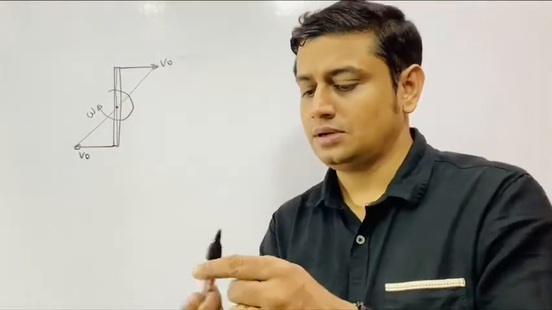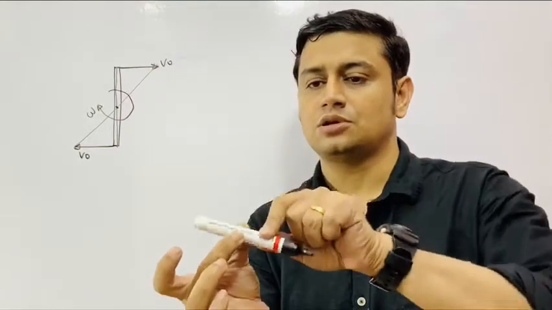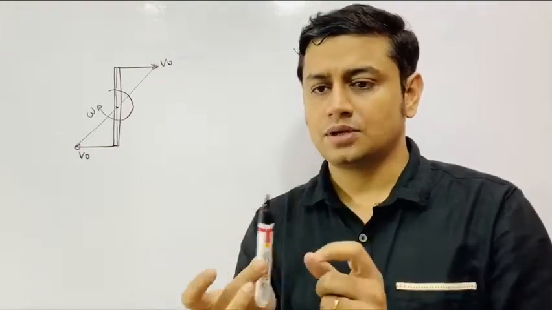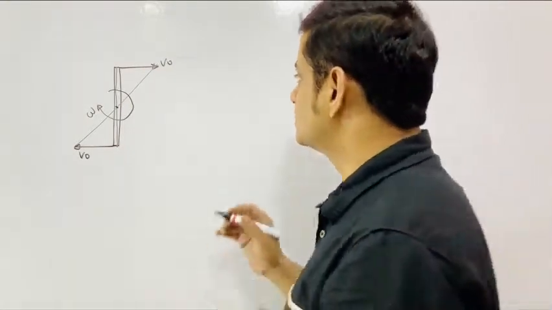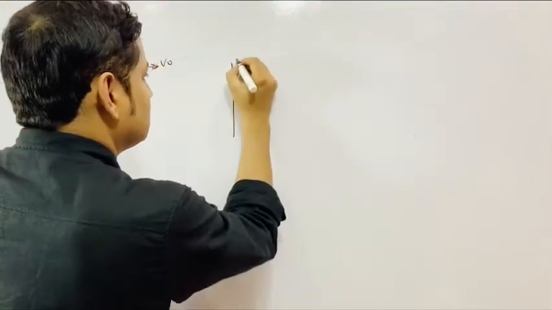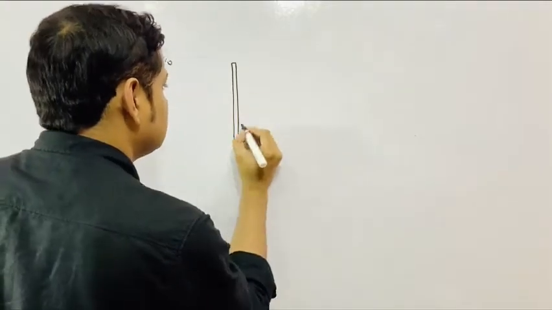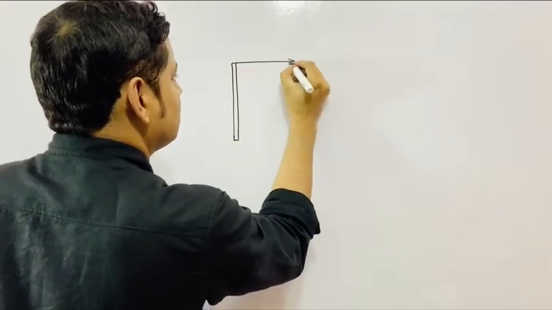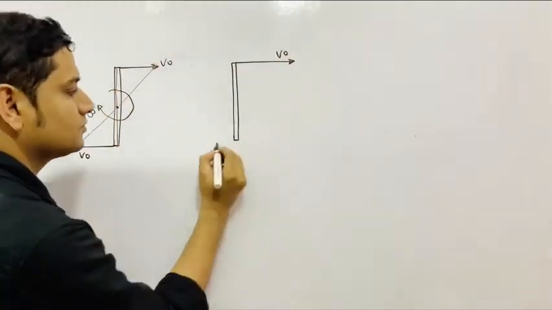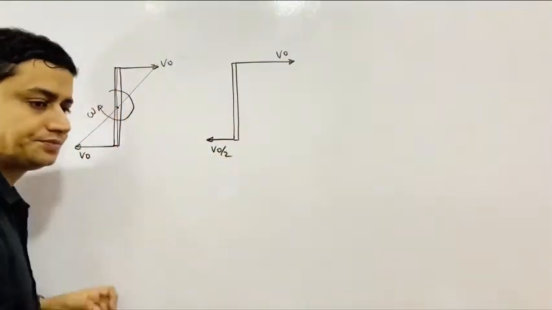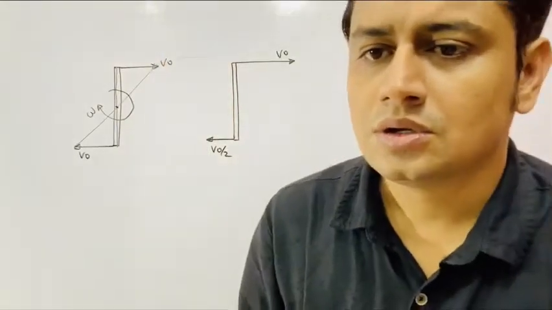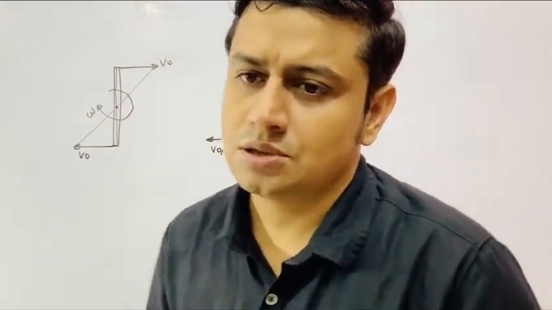Even for the center of mass, in this case, it is purely rotational motion, and it should be because the two velocities are anti-parallel, but the process is the same. Suppose the question is like this. This velocity is v naught. This is v naught by 2. Where is the instantaneous axis located?